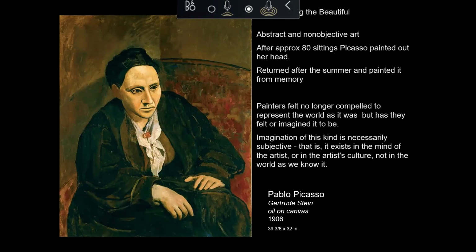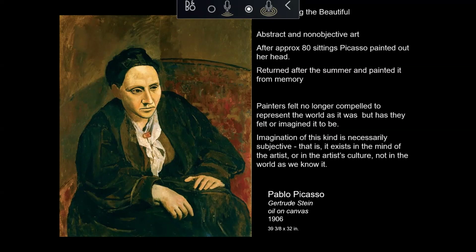So let's say, for example, Pablo Picasso. This is a state of his imagination. Now, this is a portrait of Gertrude Stein, and it was painted in 1906. After about 80 sittings, Picasso was pretty frustrated. He couldn't capture what he wanted to. He'd been studying African art, particularly masks, and she goes away, and he then paints this portrait, and he's completely satisfied with the color choices, the way that she's depicted, and so forth.